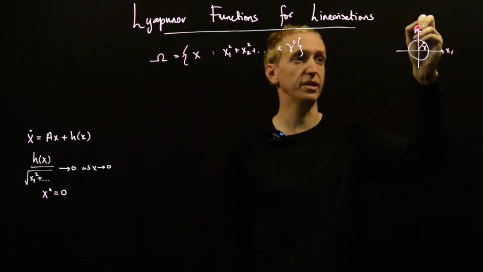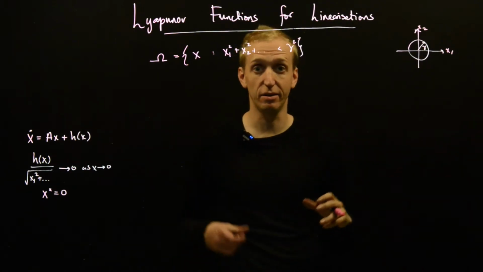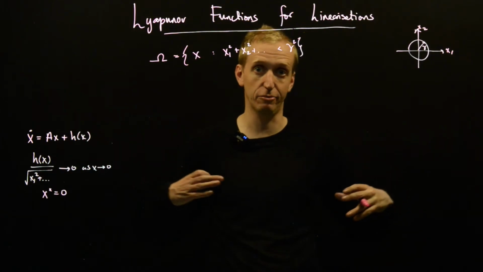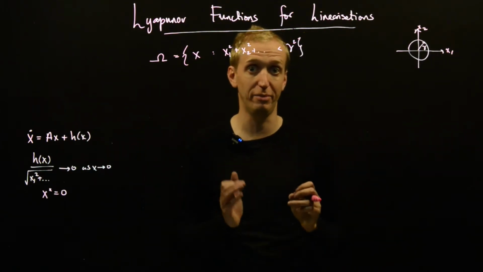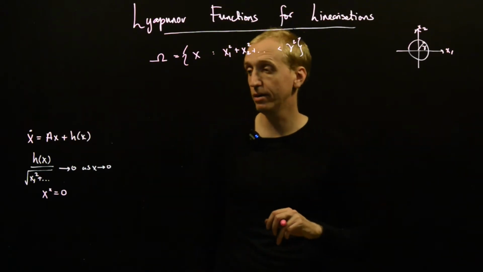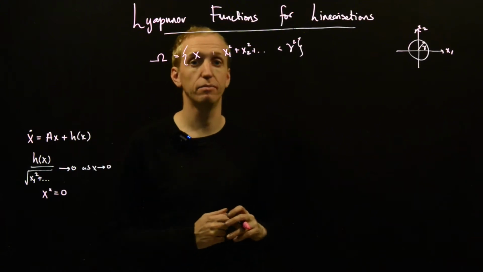So in 2D, this is what it would look like. And we're not going to specify what the radius is. In fact, in order to take advantage of this property here, we're going to have to make the radius smaller and smaller and smaller. We're not going to make it equal to 0, but maybe it's going to get arbitrarily small. But that's what our region omega is going to be.